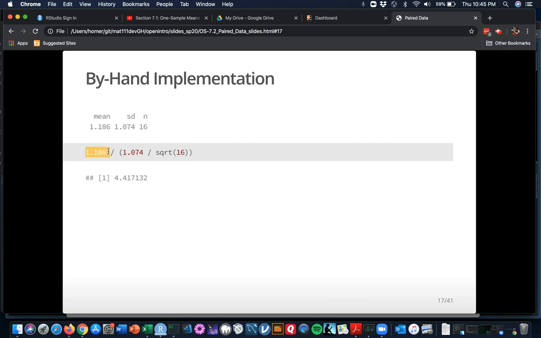The sample mean minus 0 is just the sample mean, 1.186. And then you divide by the sample standard deviation divided by the square root of 16. Make sure, though, that you put all of that in parentheses so that all of that is divided into the 1.186. And that's how you would get your 4.4.